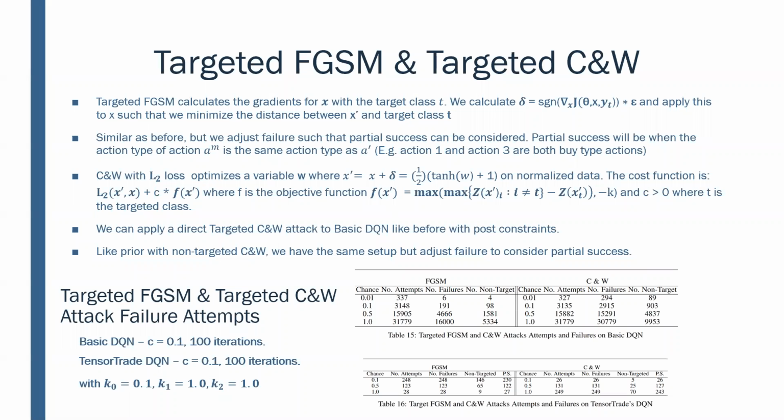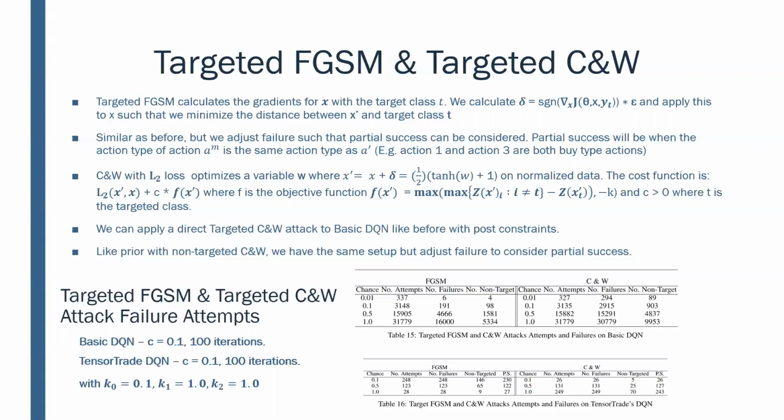And you can see here again that it's very easy to apply it to the basic DQN, but it's not as easily applicable, without making a lot more assumptions and some more specific constraints, for the more complicated DQN.